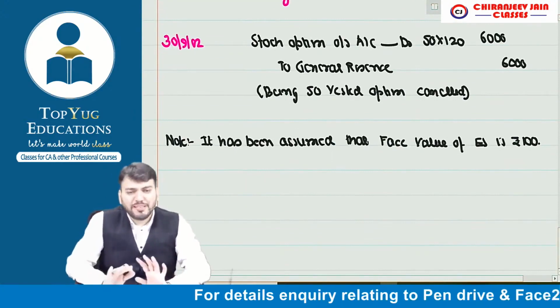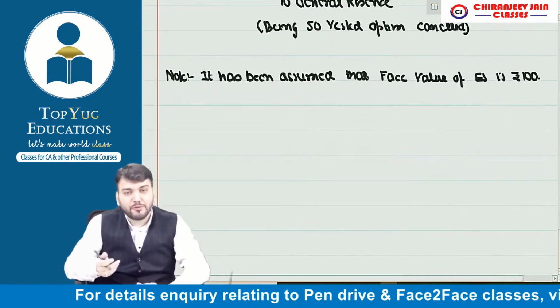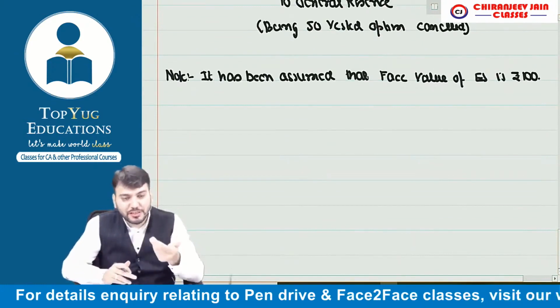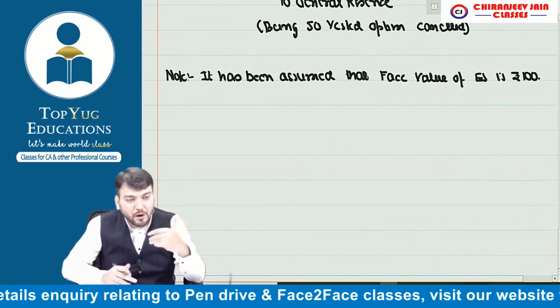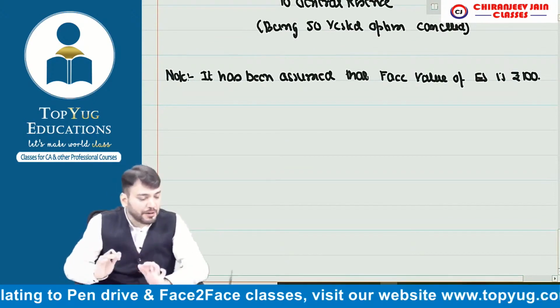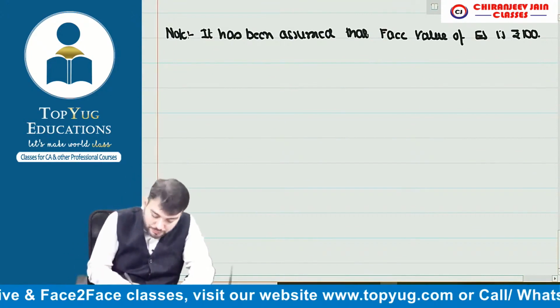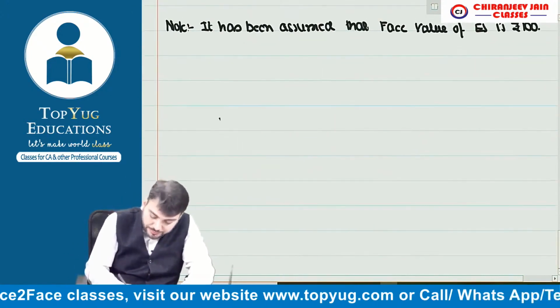So up to this, I think very simple chapter, nothing to explain much. But there are some conceptual points which I need to discuss. It might happen you have that doubt also. So let us discuss that point first. Then we'll come to the other question in this chapter. Correct? So just try to understand.